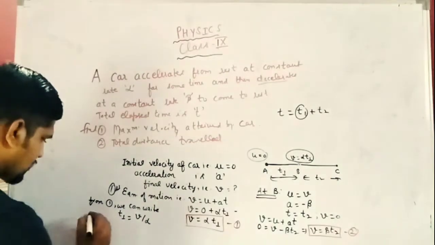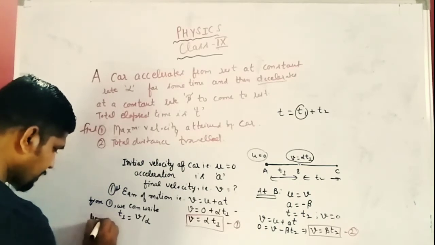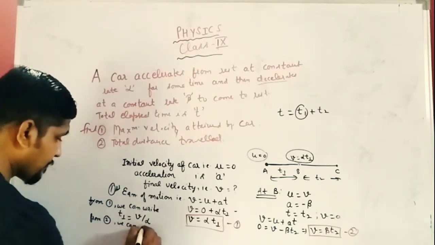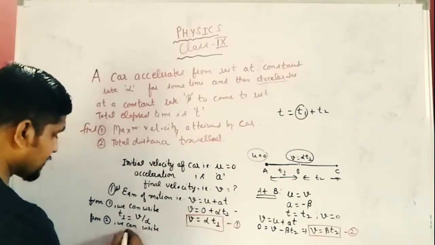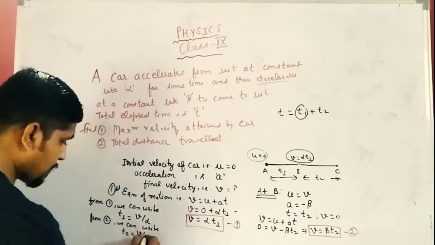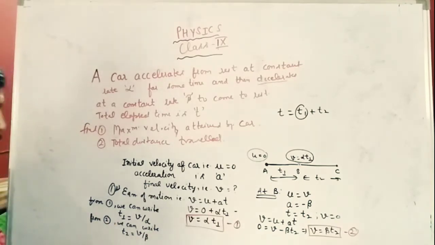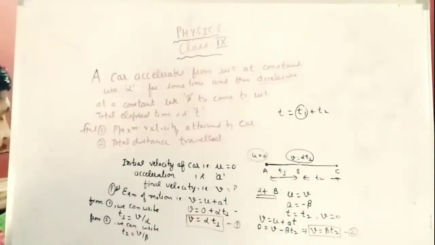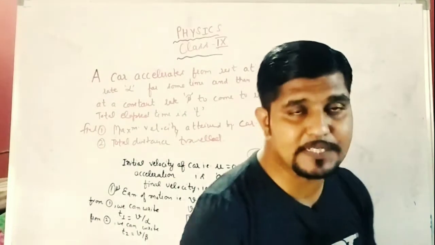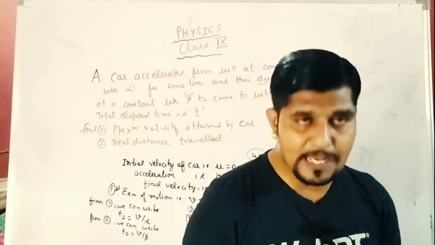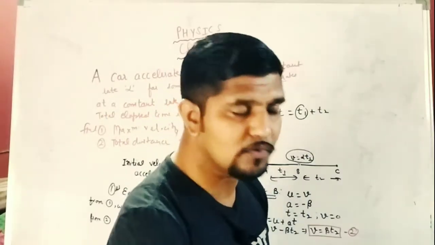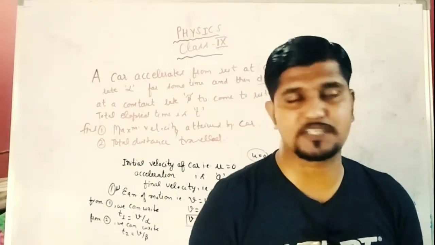Similarly, from the second equation we can write t2 is equal to v by beta. So t1 is equal to v by alpha and t2 is equal to v by beta. It means we have the time taken while accelerating as well as while decelerating at a constant rate given in the statement. So now what do we have to find out? We will have to find the maximum velocity.